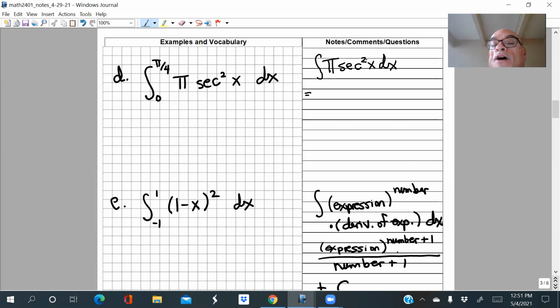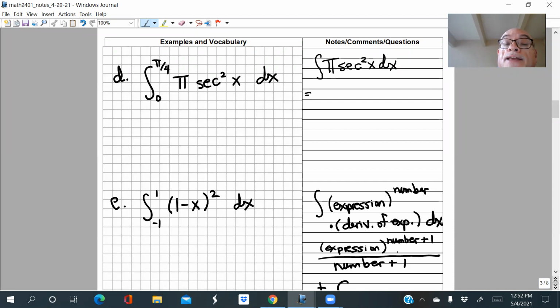Okay. So I've been imploring y'all to remember the derivatives of the trig functions: sine, cosine, tangent, secant, cosecant, cotangent, for exactly this reason, so that you can easily write down their derivatives, but also so it helps you when you're finding antiderivatives.